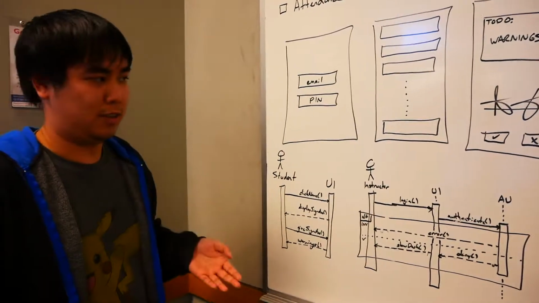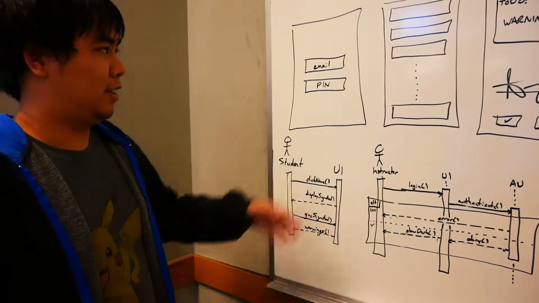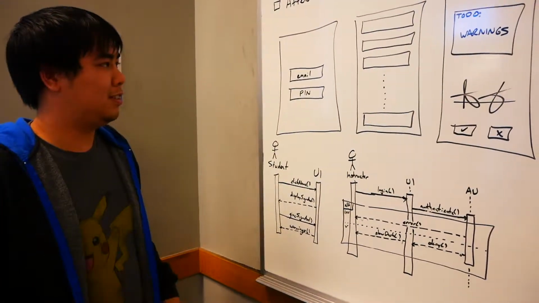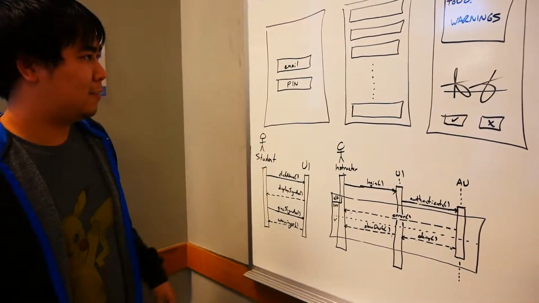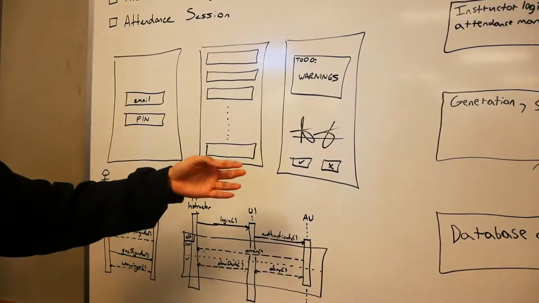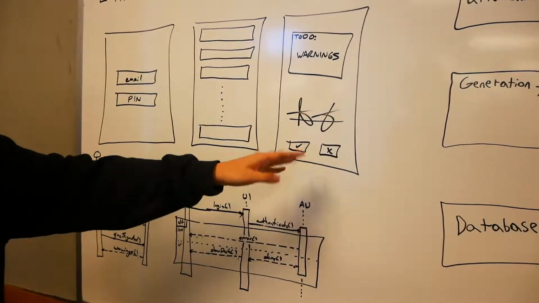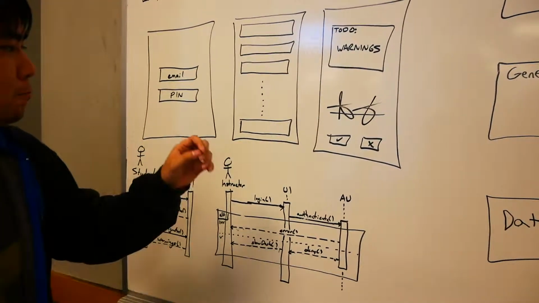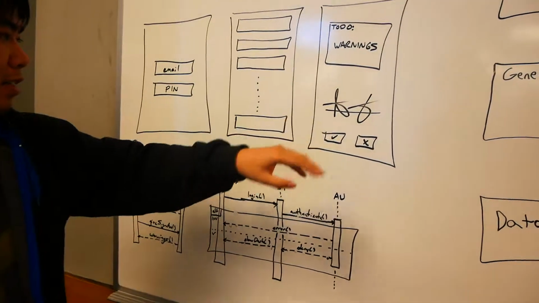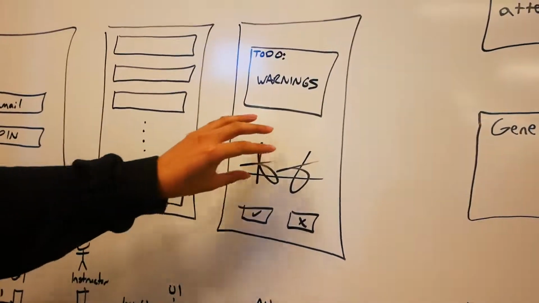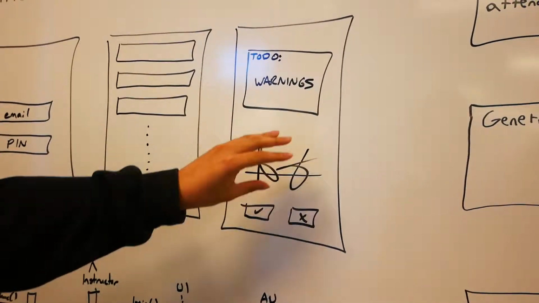This is for the prototype. Once you're in this screen, the attendance session, as a student, you would click, and then it would lead you to this screen. We personalize with an ID, and it'll show around the bottom. And to sign, you have to move your finger across in the area right here.